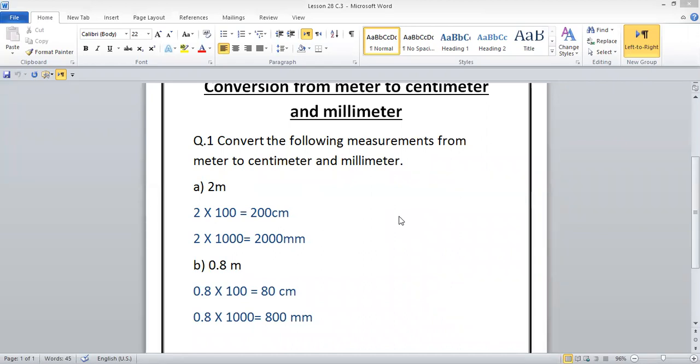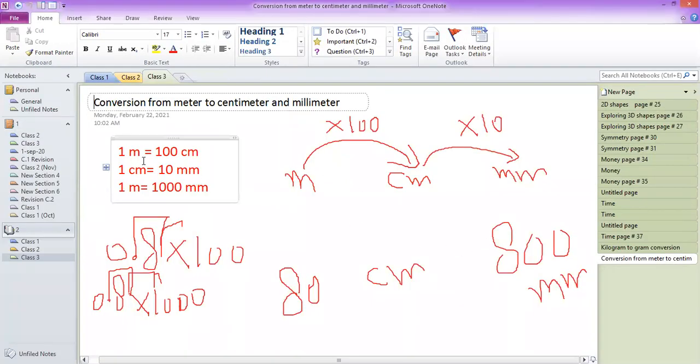So guys, we have learned about the conversion, how we can convert a value given in meter into centimeter and millimeter. For that conversion, I'm coming to the new screen. You know the basic facts that 1 meter is equal to 100 centimeter and 1 centimeter is equal to 10 millimeter, right?